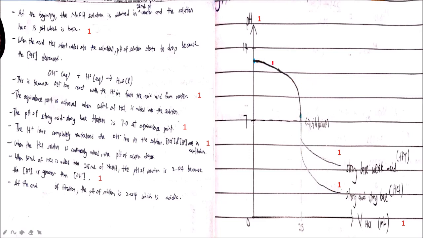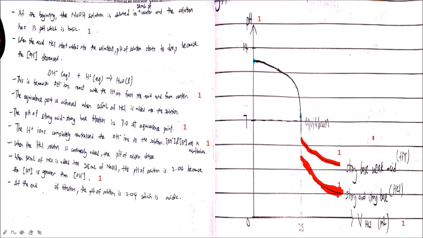The HCl is replaced by a weak acid HY. So how can we know the difference between weak acid and strong acid? First, the definition of weak acid is the acid that produces low concentration of hydrogen ion when dissolved in water.